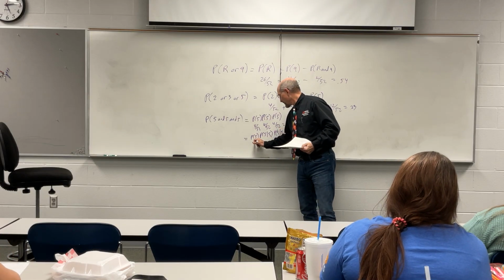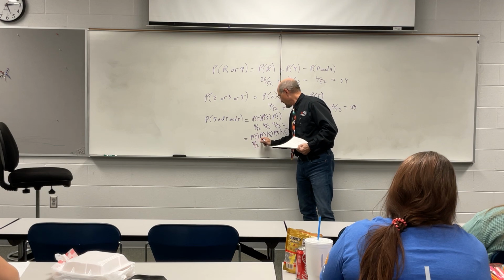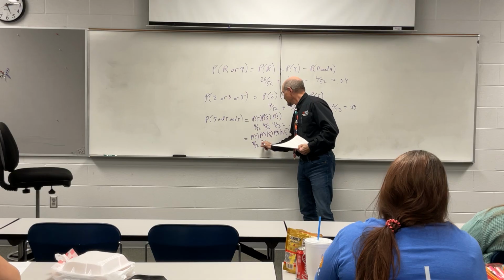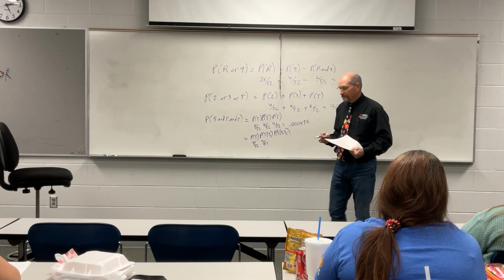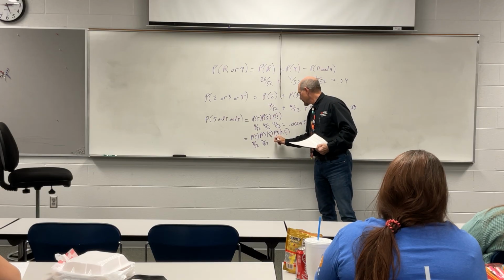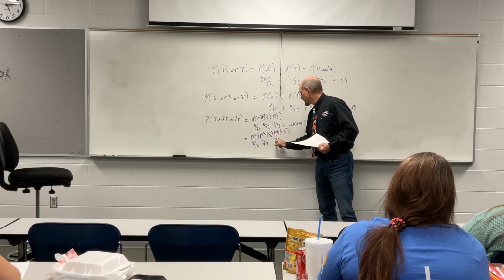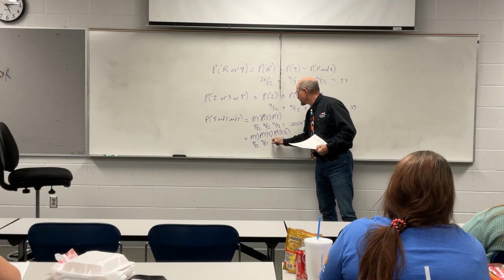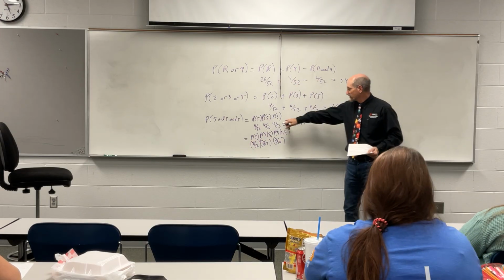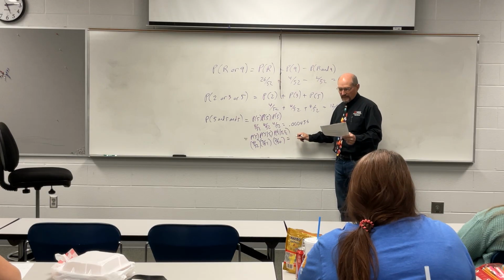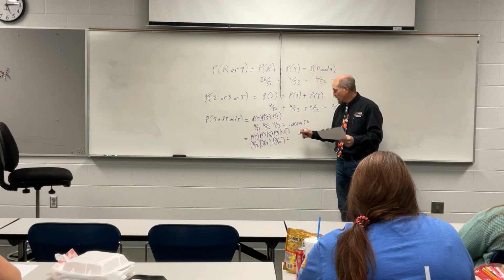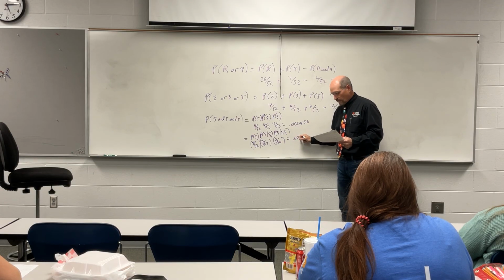In this case it is 4 out of 52 times, there's 1 five gone at this point, you didn't replace it, 3 out of 51 cards left in the deck. Then the probability of a 5 given you drew 5s on the first 2, there are only 2 5s left and only 50 cards left in the deck. So without replacement, you get this set of things, which is different from with replacement. In this case, it turns out to be 0.077 times 0.059 times 0.04, which is going to work out to be 0.00018.